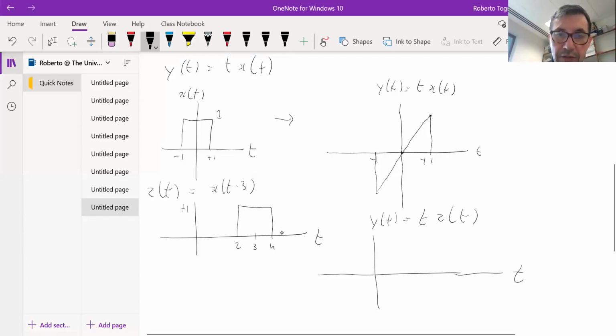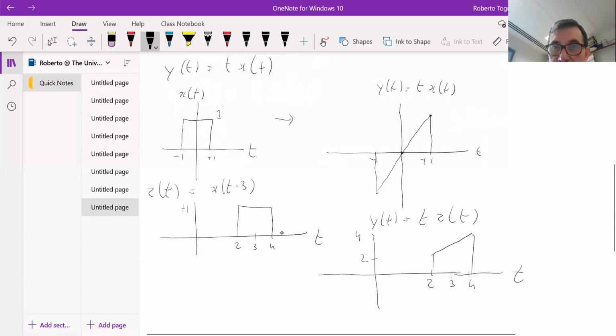So in that case, you would have 2, 3, and 4, and you'd be multiplying this 1 by 2, 3, and 4. So in a sense, it's going to go like that, where that's 2 and that's 4. And it's a bit squashed, so it's not to scale because this is 1, this is -1.